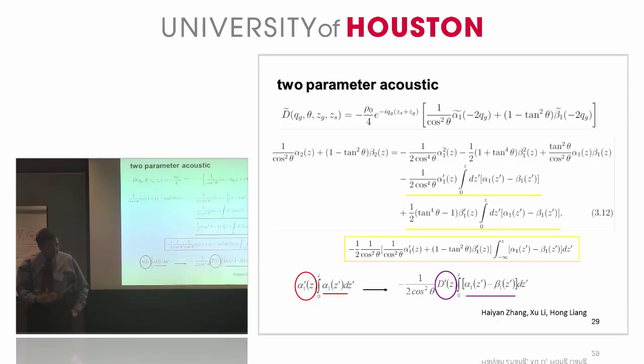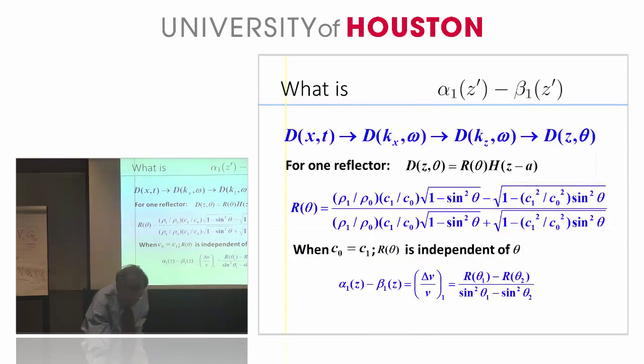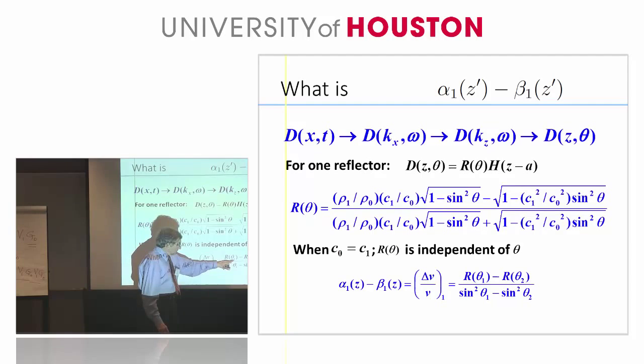Understood? When you do that in those equations, and then you subtract alpha 1 minus beta 1, you get this formula. Alpha 1 minus beta 1 is the data at one angle minus the data at another angle, over sine squared theta 1 minus sine squared theta 2.